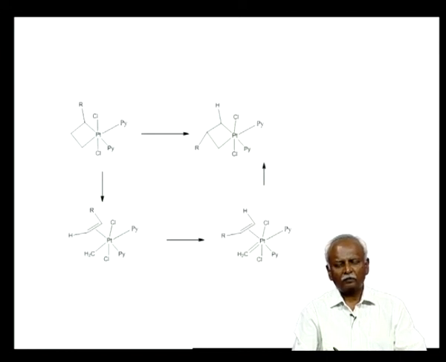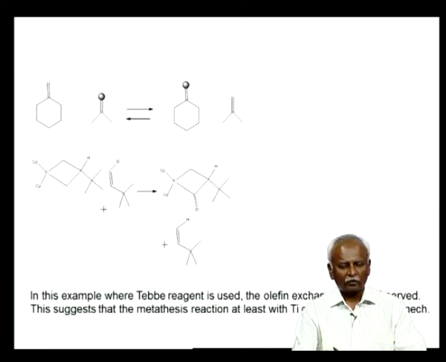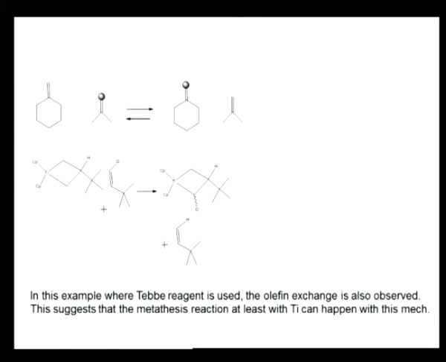So, this oxidative coupling reaction also allows you to explain not just this isomerization, but it gives support to the metathesis reaction through a metallocyclobutane intermediate. So, in the previous example, we have shown some proof for the existence of metallacyclobutane and its isomerization.